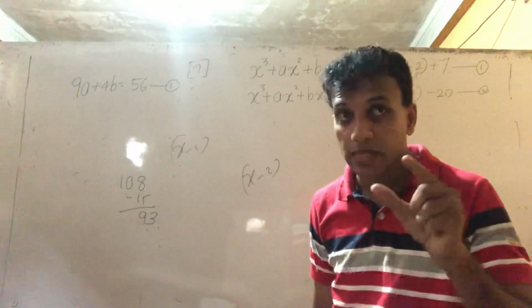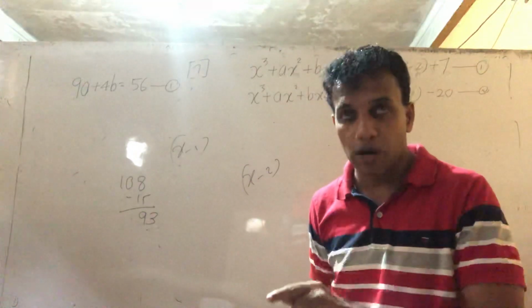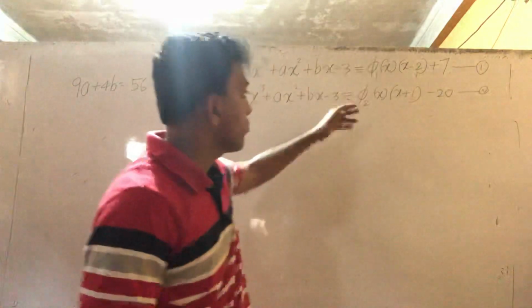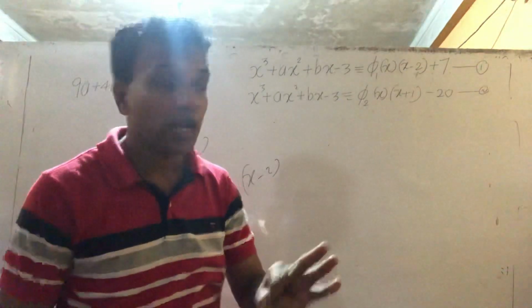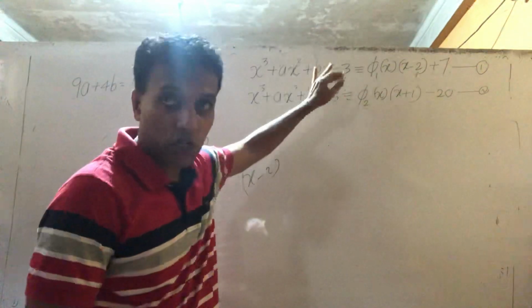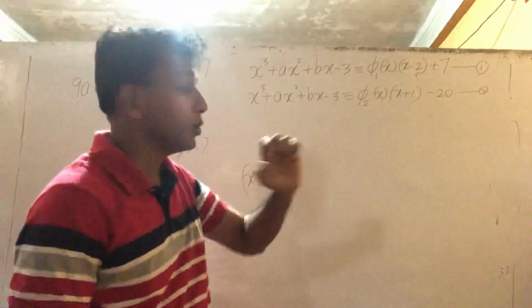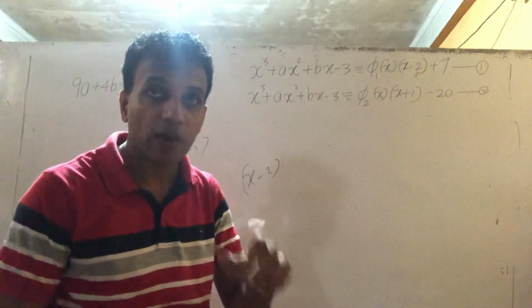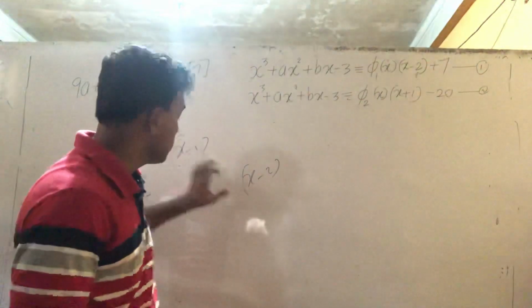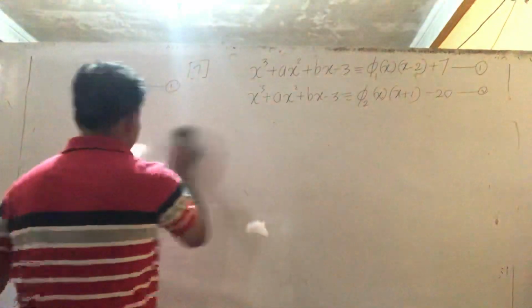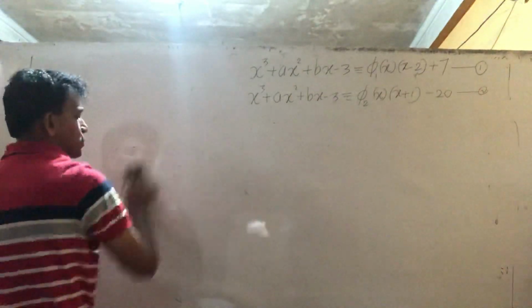So very first we find the a and b values by solving. Then you know the expression, the cubic polynomial. Later we will find the remainder when divided by x minus 1. Now follow the previous question and do the work.